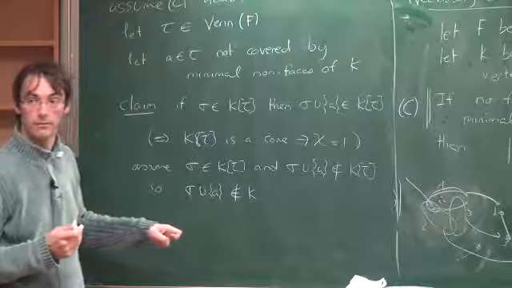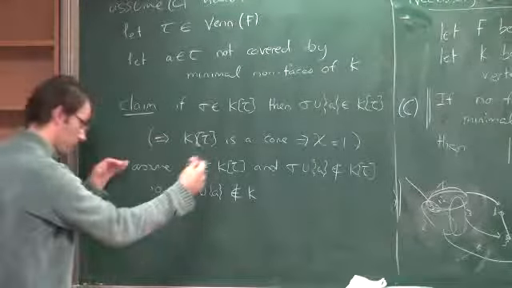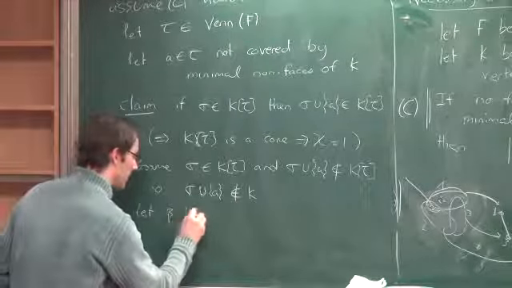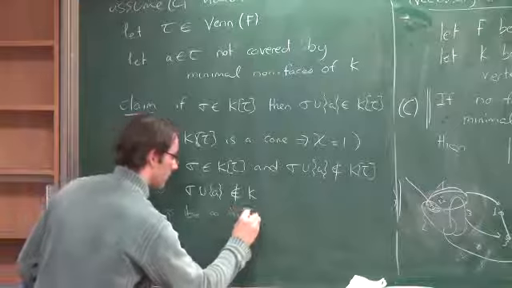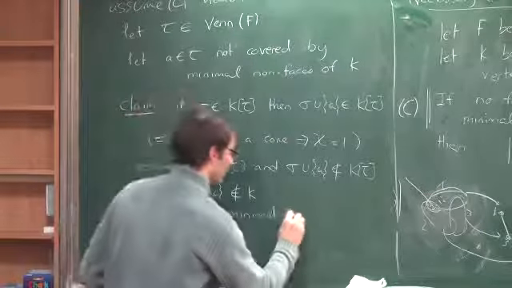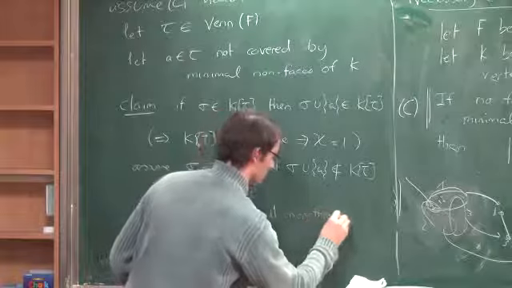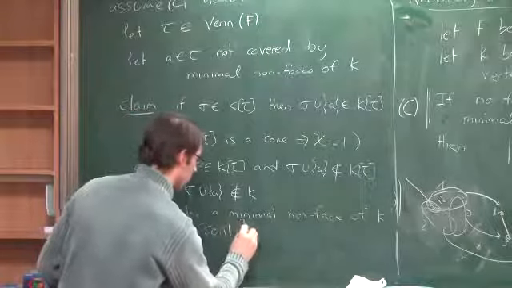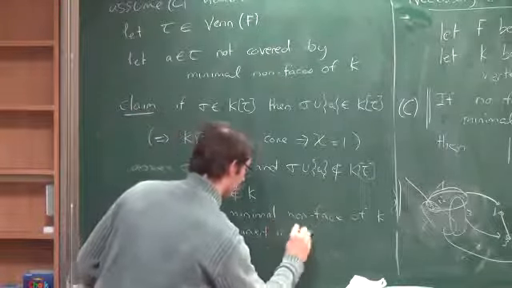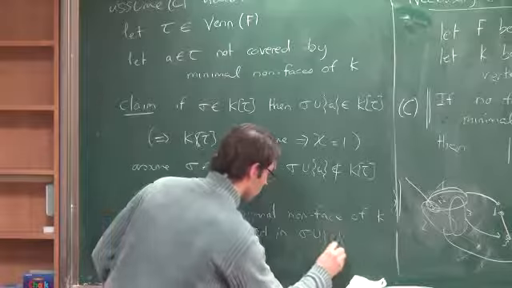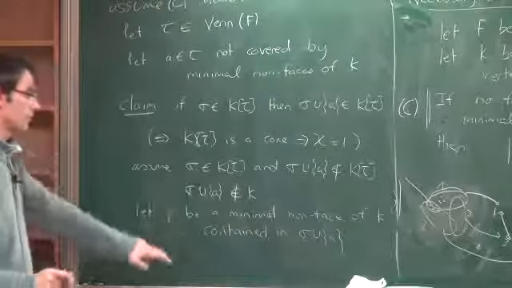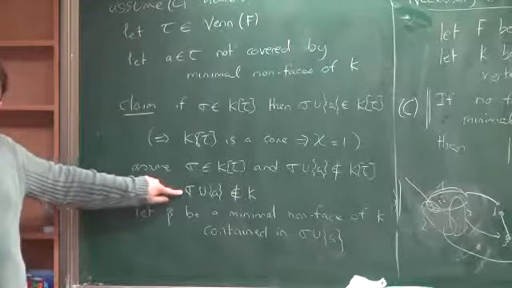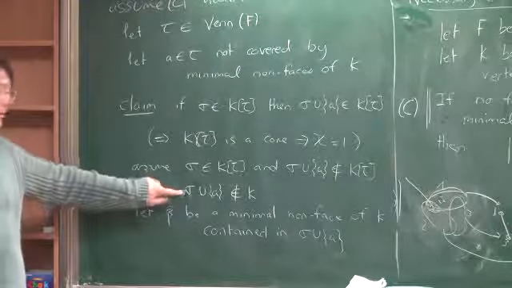Did I lose everybody? Let me just spell it out. Let beta be a minimal non-face, again minimal with respect to inclusion. I know that there is one, because it could possibly be sigma union A, perhaps something smaller.